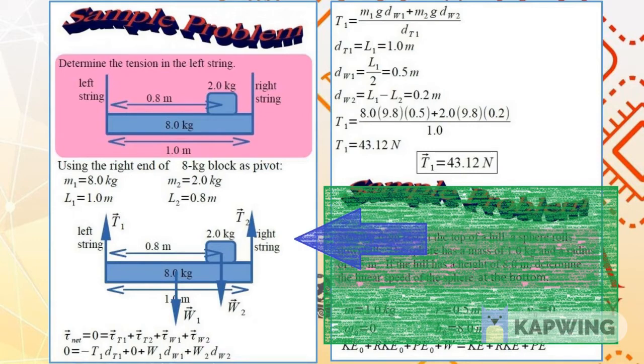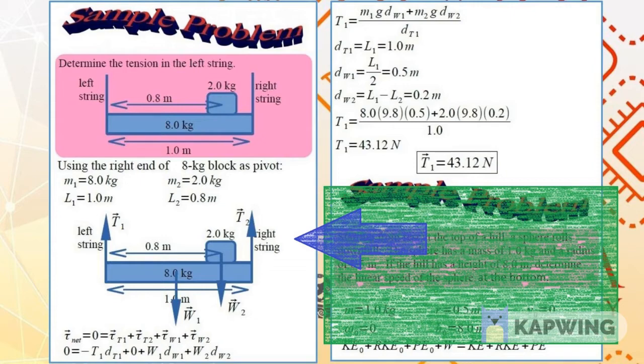In this particular problem, no pivot point has been specified. Some problems will specify the pivot point, in which case you must use the specified pivot point to analyze and answer the problem. But in this case, no pivot point has been specified or mentioned, in which case you are free to choose the pivot point that you will use to analyze the system.